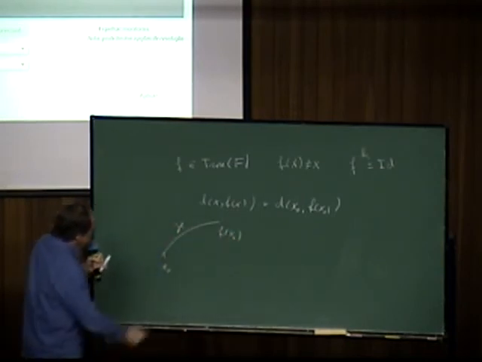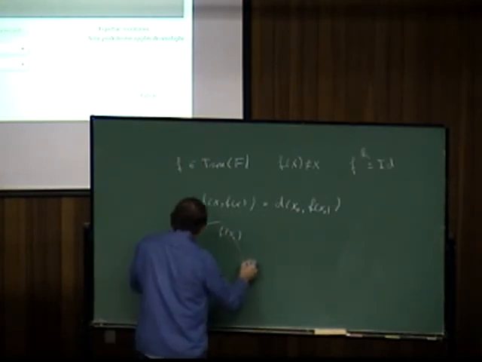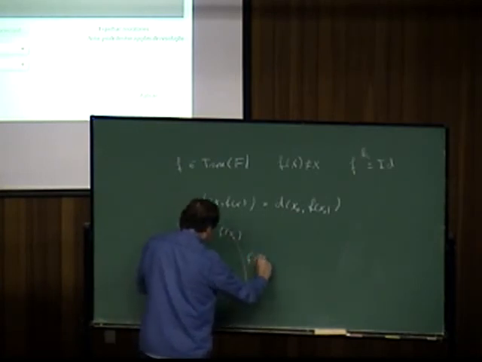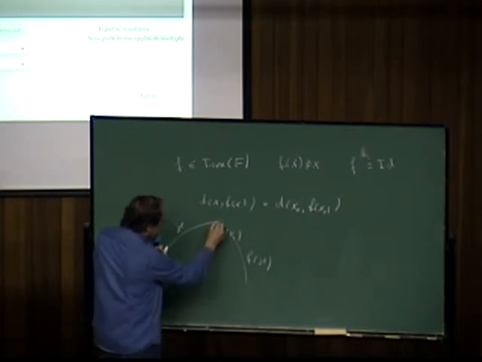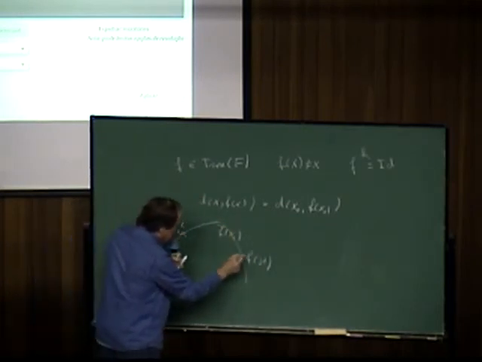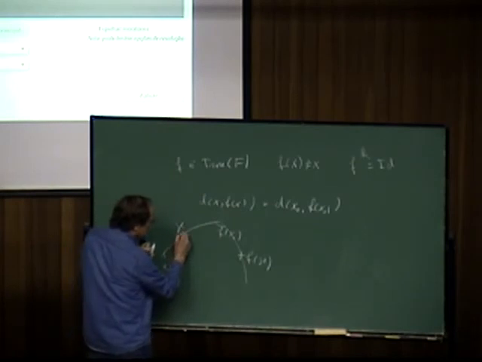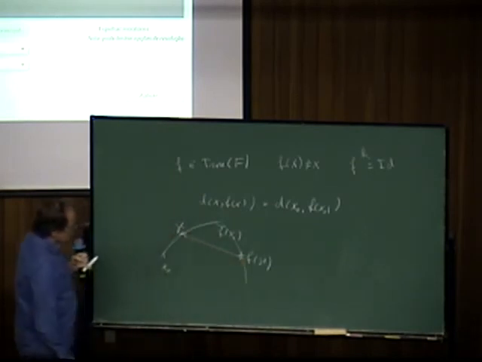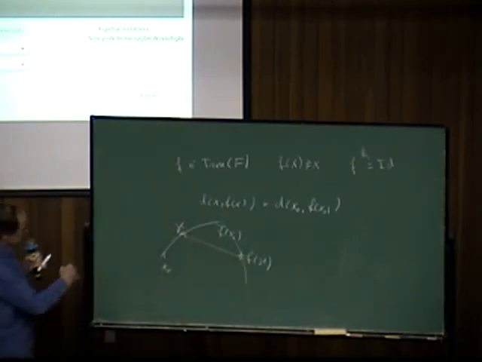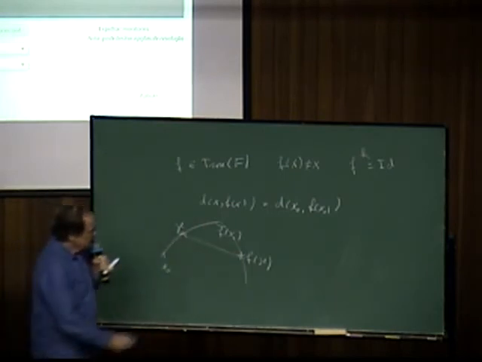And now continue, and I claim it can continue this way because otherwise the image, f of gamma, would have an angle right here. If it had an angle, then going from midpoint to midpoint would be shorter than the distance from x0 to this point here. Right? So this plus this would be shorter. So the angle, if I translate gamma to the next f of gamma, it can't have an angle.